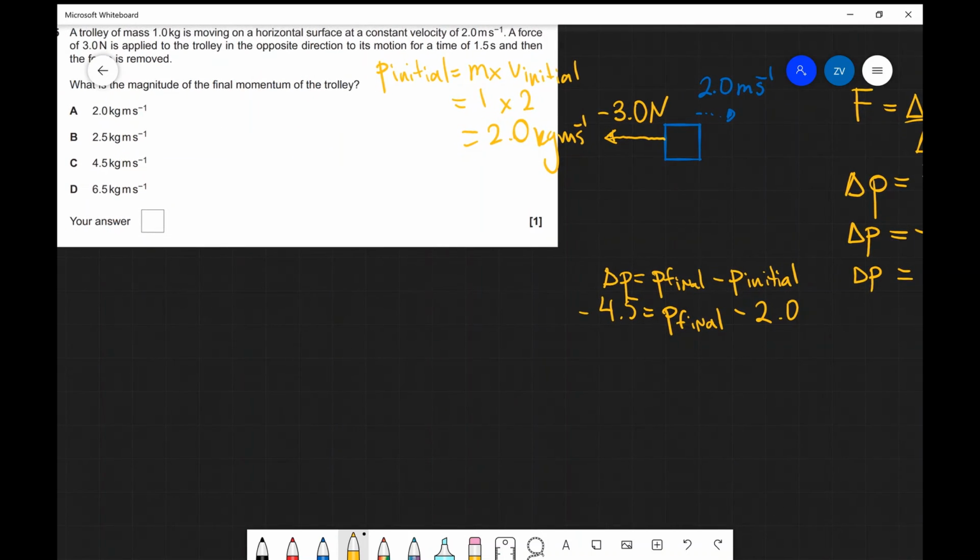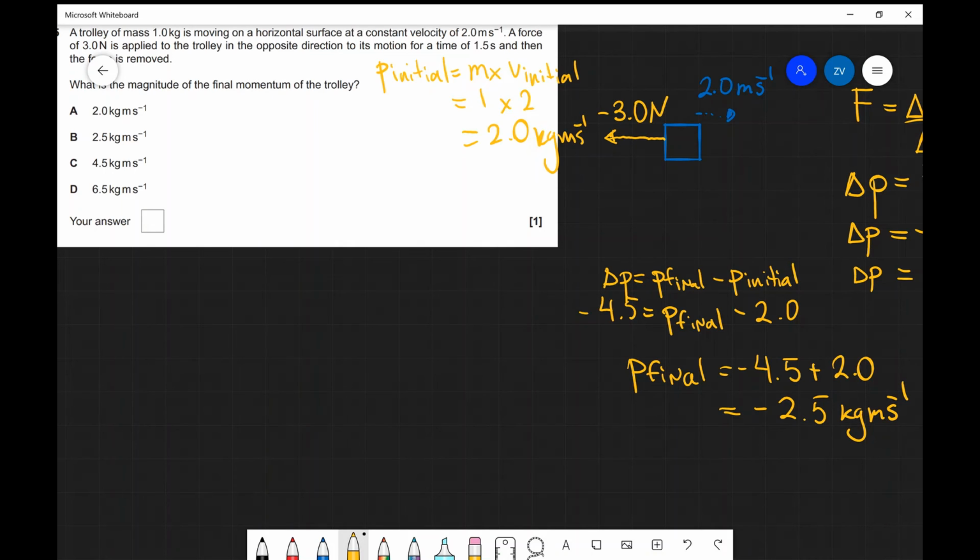Okay, well, we can rearrange for P final. So the final momentum is going to be minus 4.5 plus 2.0. We need to be really careful with the minus sign in this case. So minus 4.5 plus 2.0 is minus 2.5 kilograms meters per second.